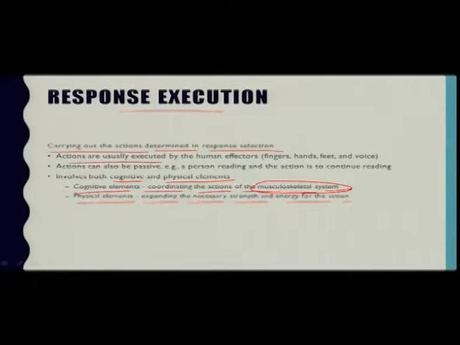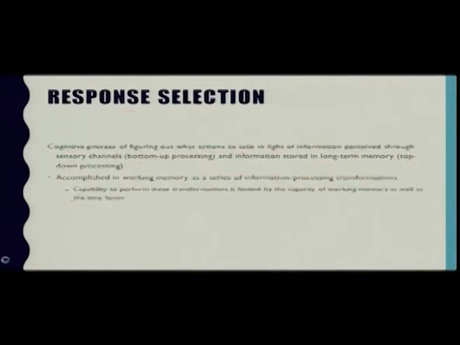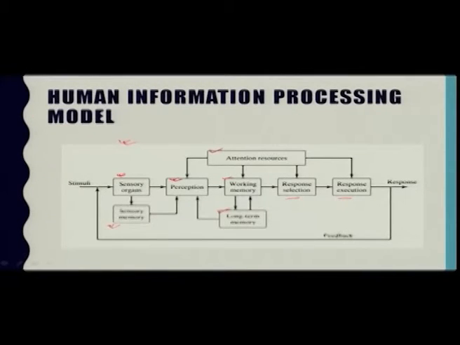The actions can be executed by human effectors that we have just understood, and the actions can be passive, like a person reading, where the action is to continue reading. As far as that particular model, we can see response selection and execution. An important feature of response selection and execution is shown as the feedback loop in our information processing model.